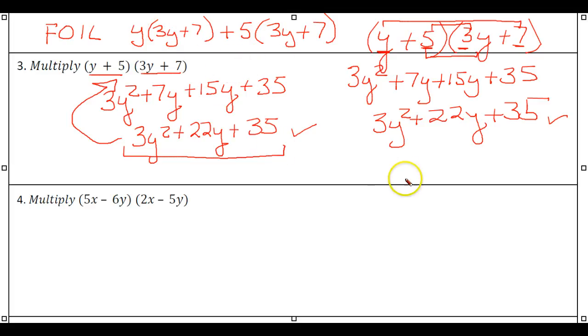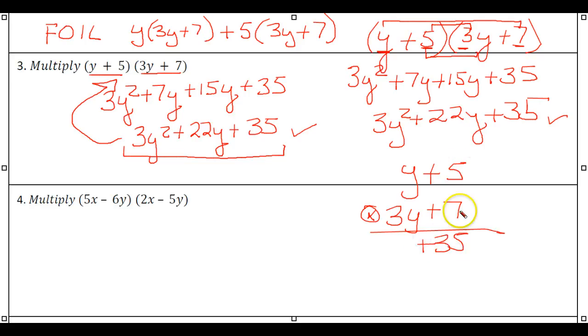Now, one more way of doing this, and that would be y plus 5, and then you can put 3y plus 7 underneath it, and here we're going to multiply. So 7 times 5 is 35. 7 times y is 7y. Now we go to the next row. 3y times 5 is 15y, putting them in like term columns.